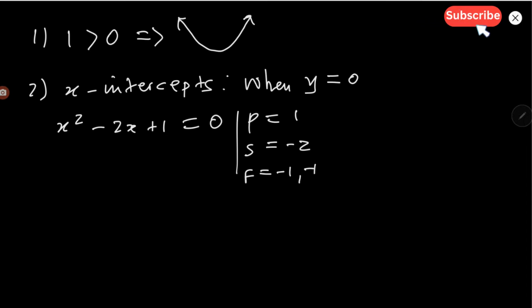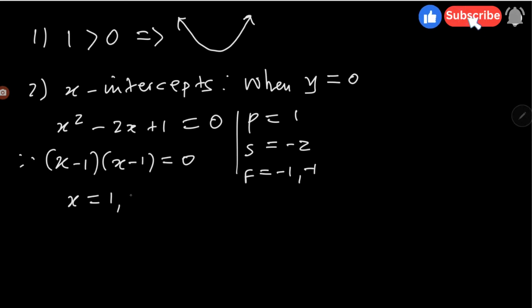When we add them, we'll get negative 2. When we multiply them, we'll get positive 1. Therefore, since the coefficient of x squared is 1, we shall have x minus 1, x minus 1 is equal to 0. So we'll have x is equal to 1, 1.